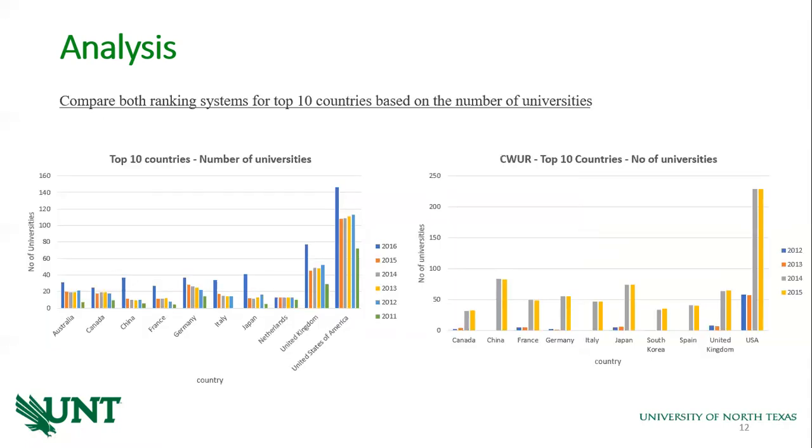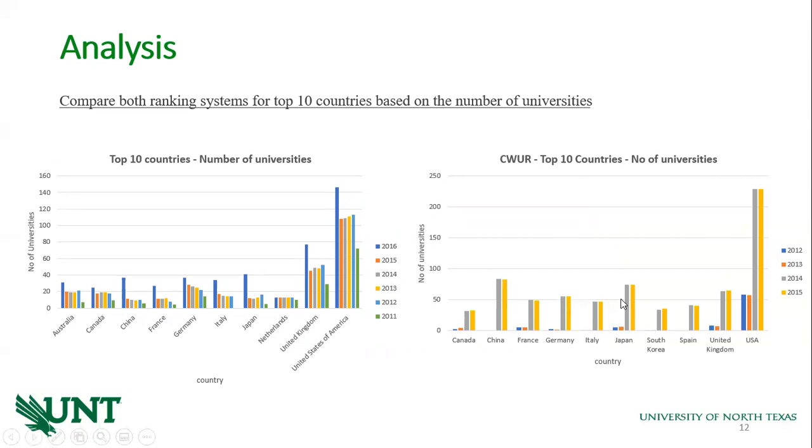The next goal is comparing both ranking systems for the top 10 countries based on number of universities. If you look at these two bar charts, the United States of America consistently has more universities throughout the span 2011 to 2016.